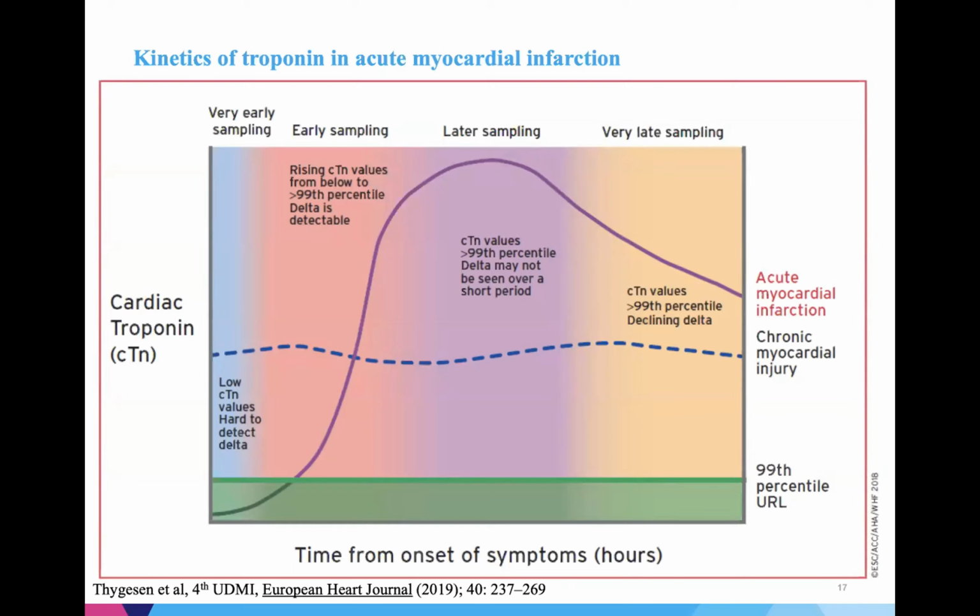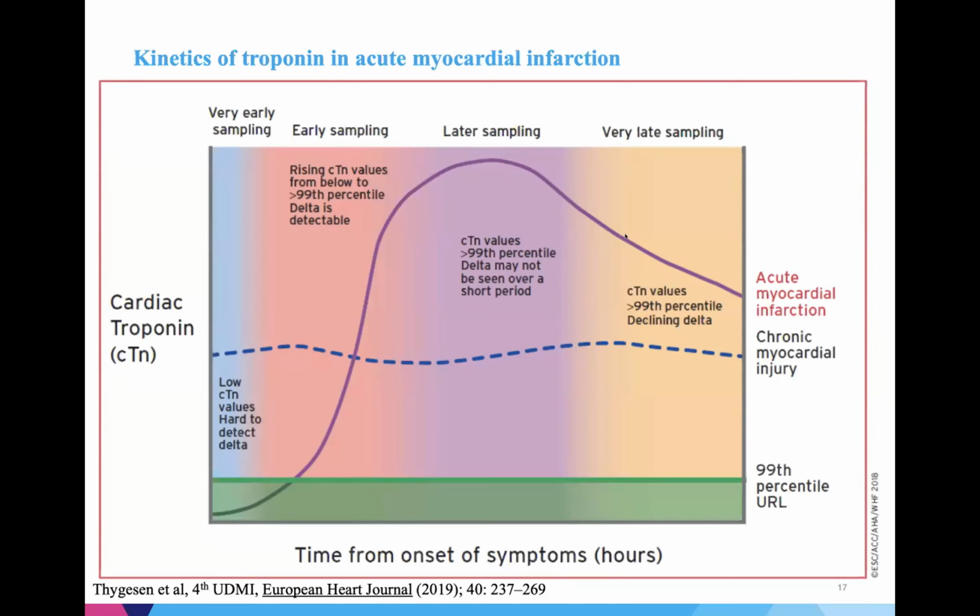Now, in the context of an acute myocardial infarction, there is a typical pattern and kinetics of the rise and fall in troponin. And so here's a schematic graph that depicts how the troponin tends to evolve over hours after the onset of an ischemic event.